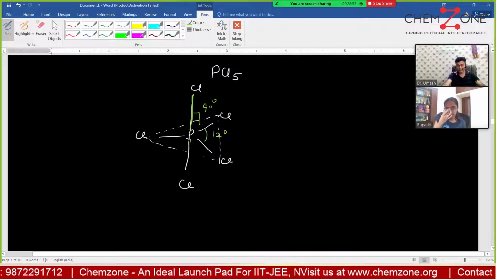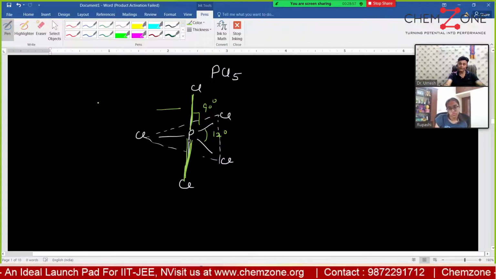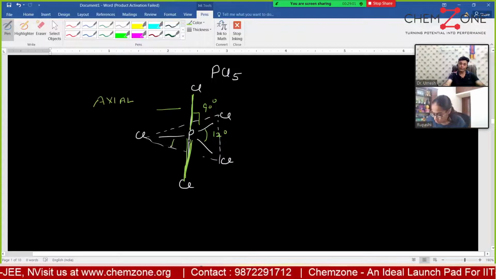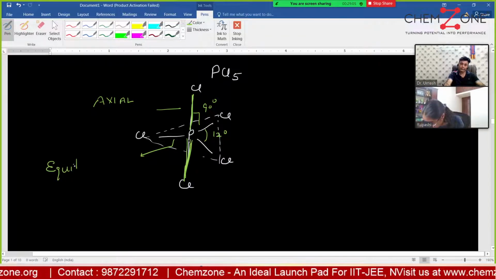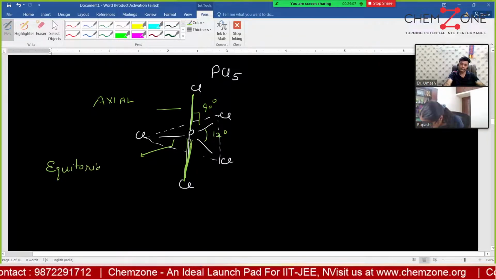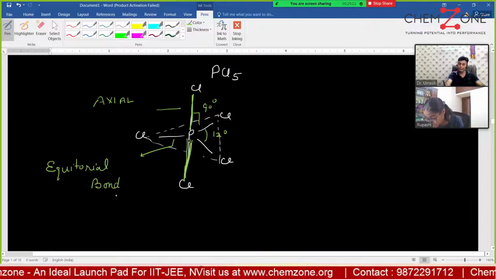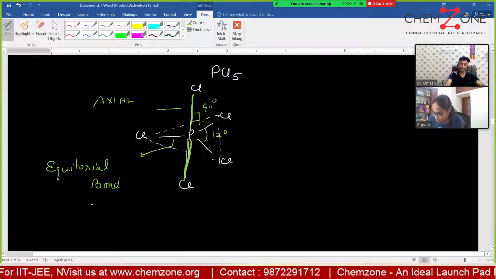The bonds that I'm shading with the green, up and below, are called axial bonds, and these are called equatorial bonds. Axial bond and equatorial bond.